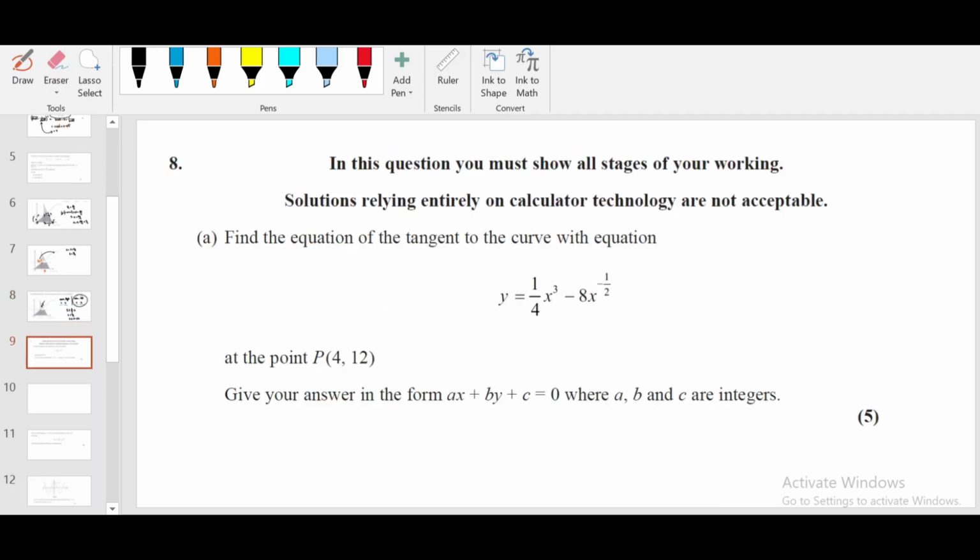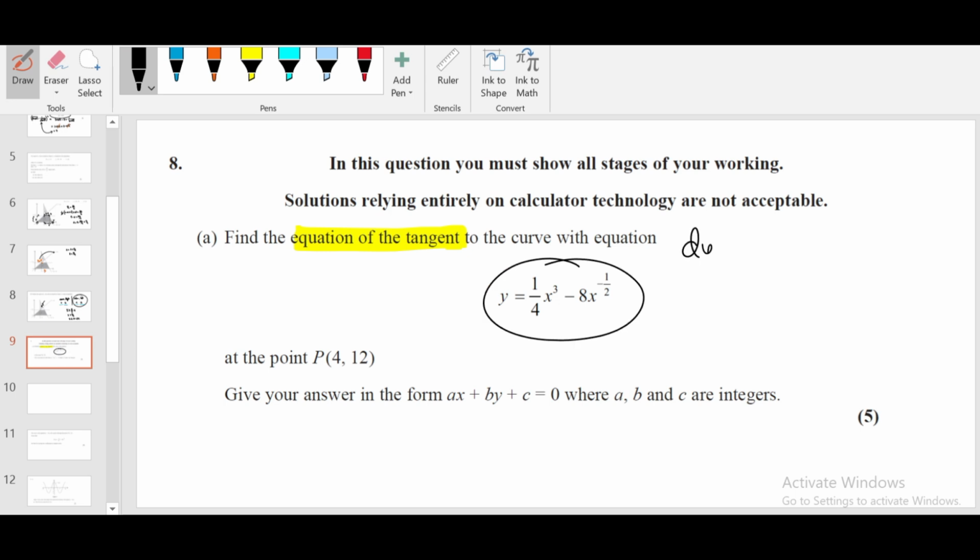Let's move on to question number 8 now. One of the most common questions from P1 differentiation, finding the equation of tangent or normal. That's one of the very important questions from differentiation. So first step, you have to differentiate this.